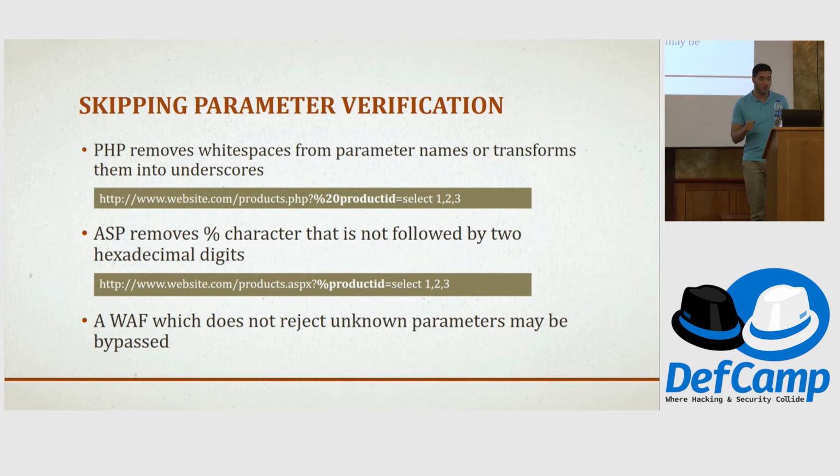So we have this URL, website.com/products.php?%20productID, where %20 is a URL-encoded white space. So this request comes into the WAF, and the WAF sees %20productID and tries to match it against all parameters it knows. And it doesn't find one.